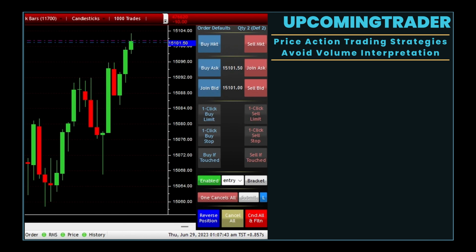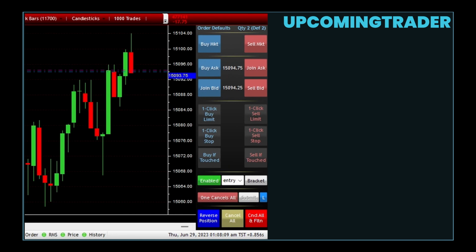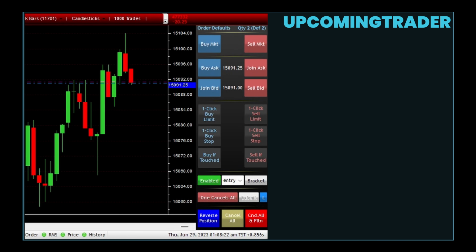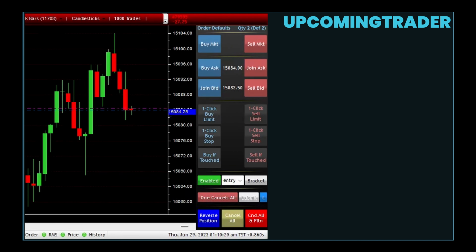Volume interpretation in Nasdaq E-mini futures, a price action analysis. When it comes to futures trading, one of the key contracts of interest is the E-mini, which tracks the Nasdaq index. Swing trading these futures contracts requires an in-depth understanding of the price action, as well as the role of different market participants and the various strategies they employ.